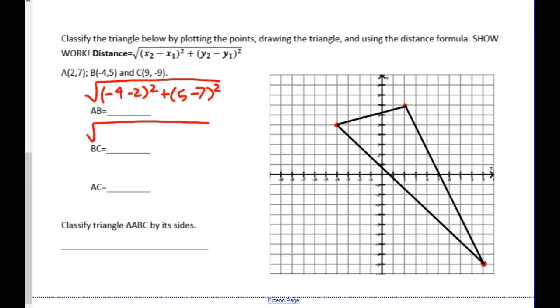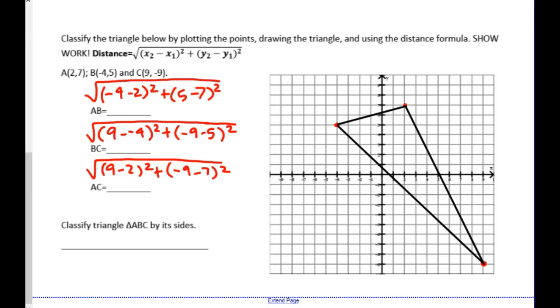BC, I'm going to use point B and point C. 9 minus negative 4 squared plus negative 9 minus 5 squared. And then A and C, 9 minus 2 squared plus negative 9 minus 7 squared.